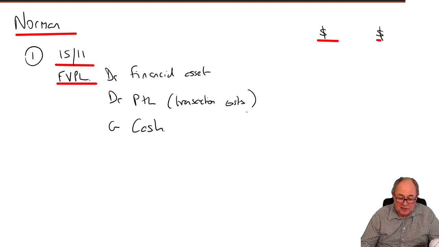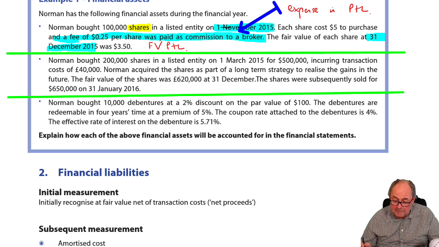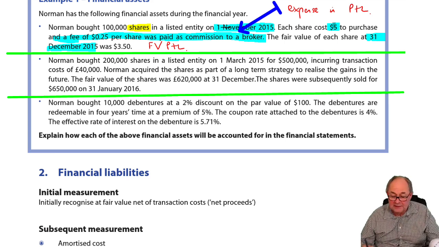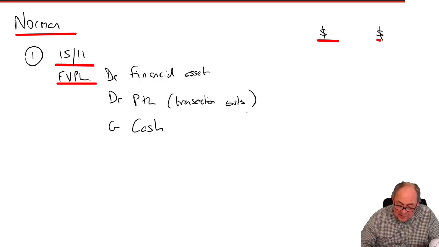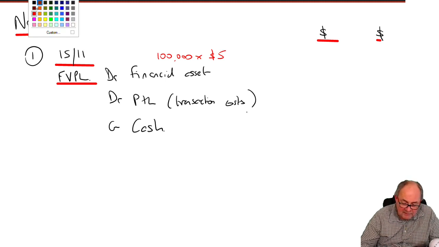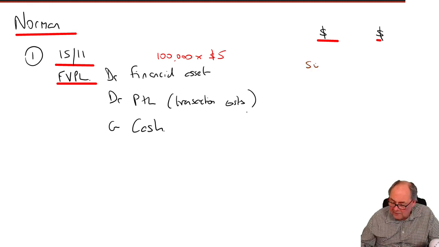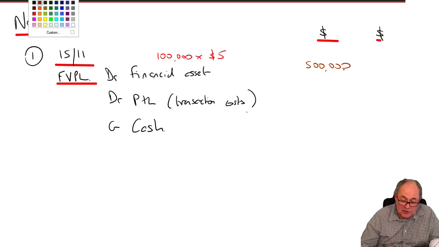Let's look back at the scenario, being careful about our units. It's 100,000 shares and each one costs $5. So 100,000 again at $5. Even I can do that. So 100,000 times $5 would give me a financial asset of 500,000. Profit and loss will be the transaction costs.